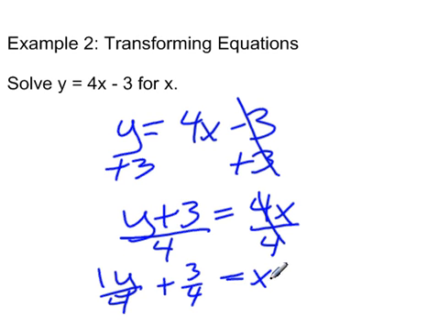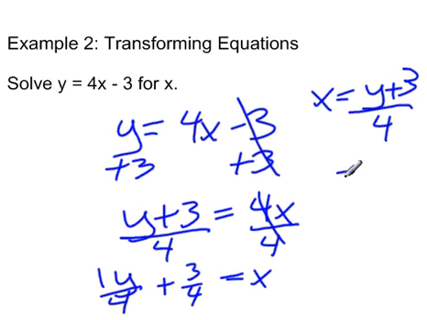But basically we found x to be in terms of what we were given. We've got our constants that may have changed around a little bit because we've had to move them over to the other side, but in general, our constants are there, our variables are there, and so therefore our final answer is there with x equal to y plus 3 over 4 if we want it that way, or we could also write this as 1/4 y plus 3/4.